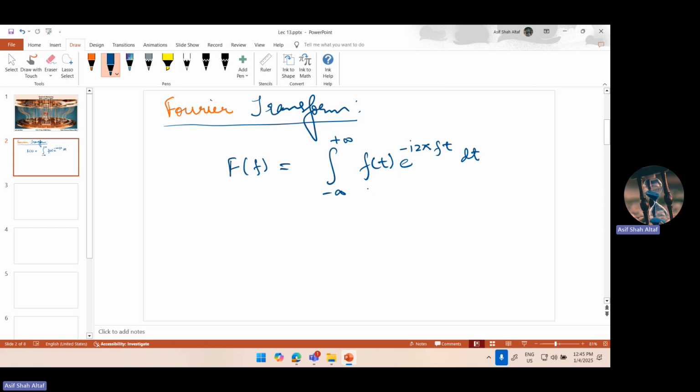The signal f of t is here in the time domain. And this signal is in the frequency domain.